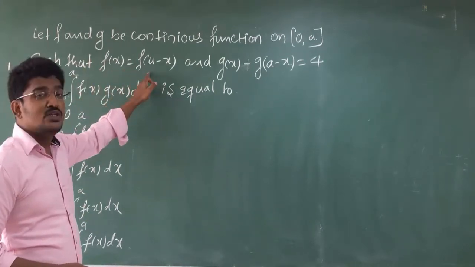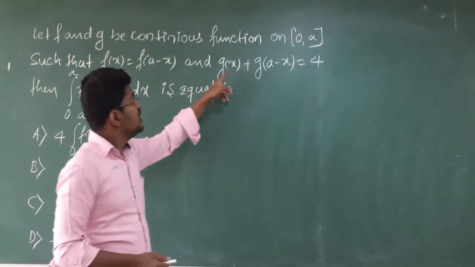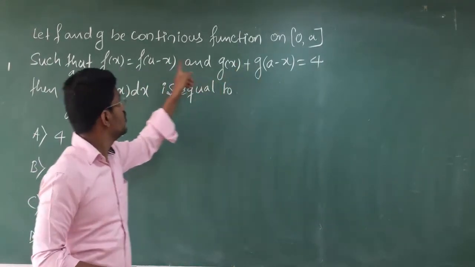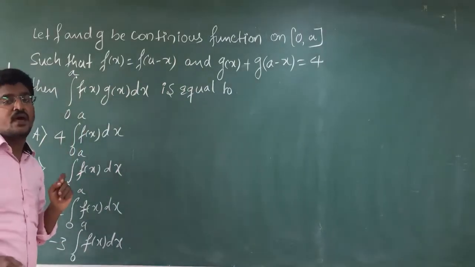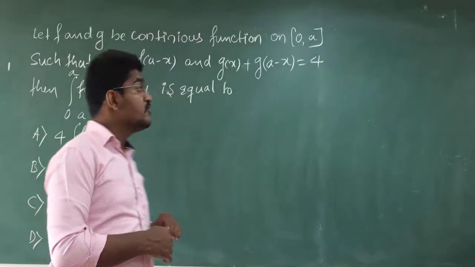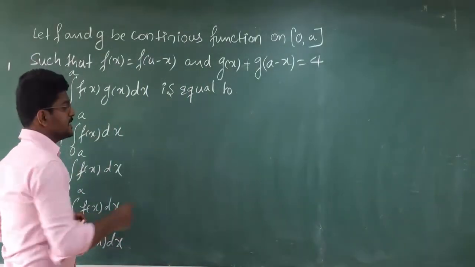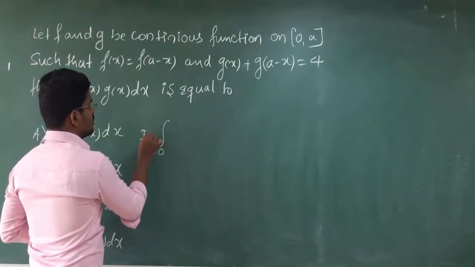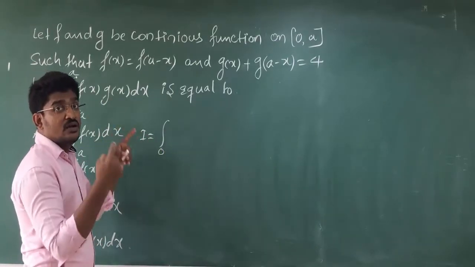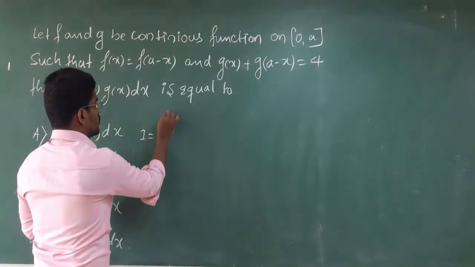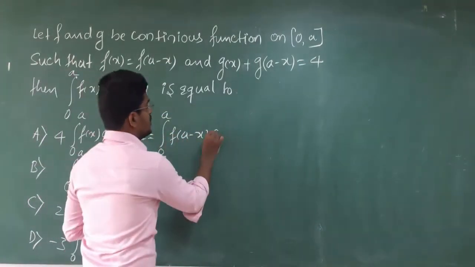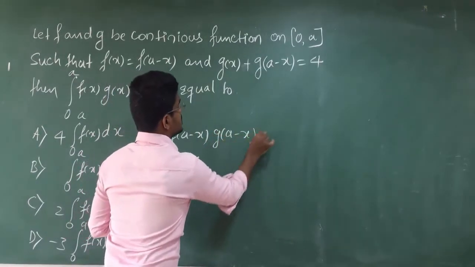f of x is equal to f of a minus x, and g of x plus g of a minus x equal to 4. You have to use these two conditions to simplify this, and you must know the properties of definite integrals. If I use the properties of definite integrals, it will be I equal to, directly I will write, by using the definite integral properties, integral 0 to a of f of a minus x, and again g of a minus x with respect to dx.